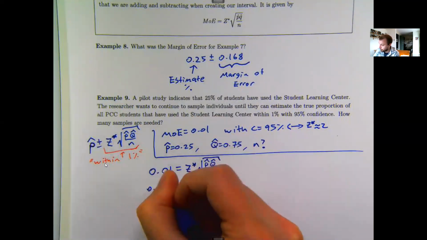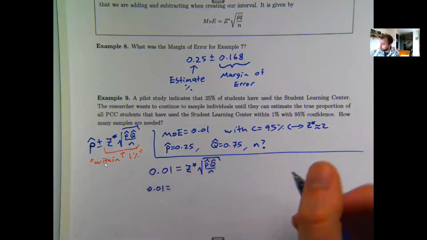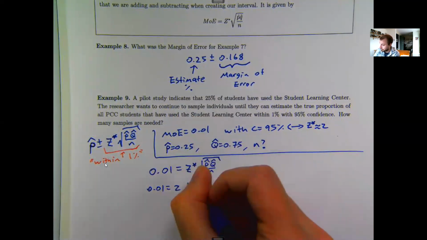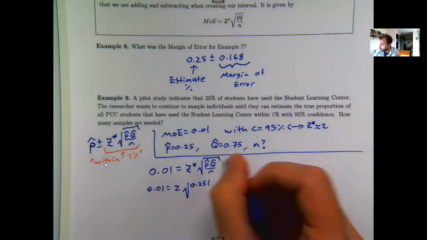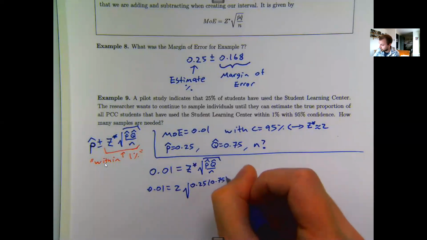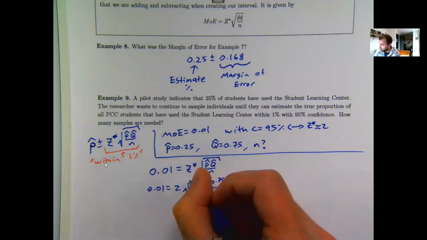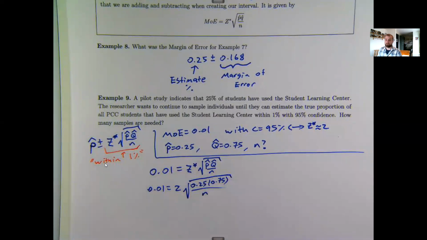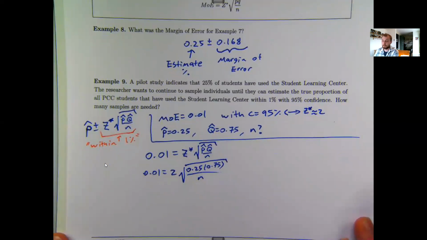And let's plug in everything we know. My critical value is 2 or so. My p hat is 25%. My q hat is 75%. And I do not know the number of samples, that's n. I've done the setup and I've now changed this from a Math 243 style statistics question into just an algebra one. And let's go through the steps. I want to get rid of this multiplication. I'm going to do so by dividing this 2 over.